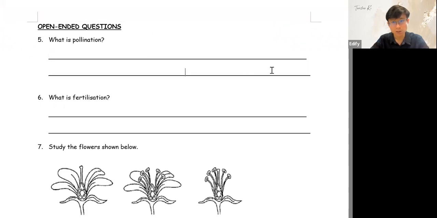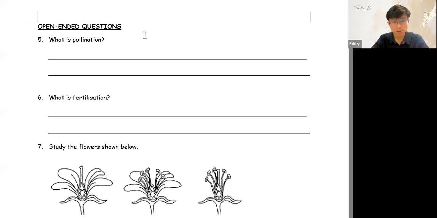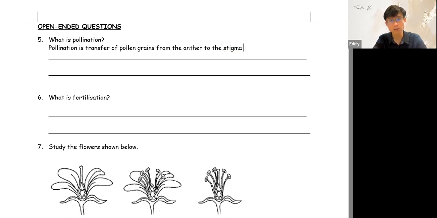Pollination is basically the transfer of pollen grain from the anther to the stigma of a flower. You can say of the same species.